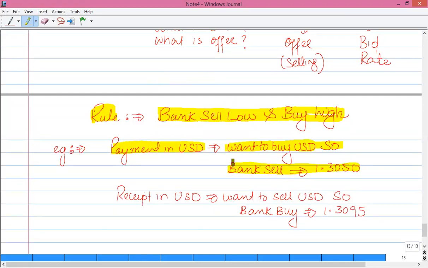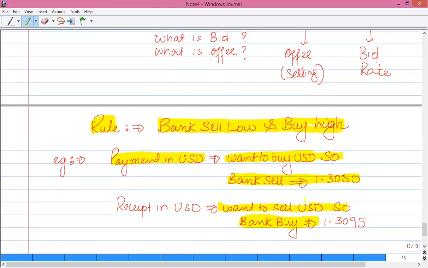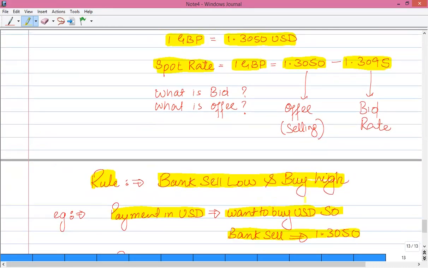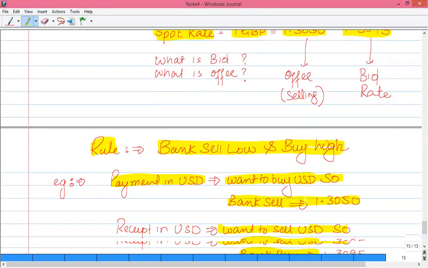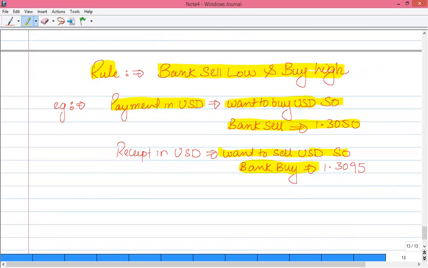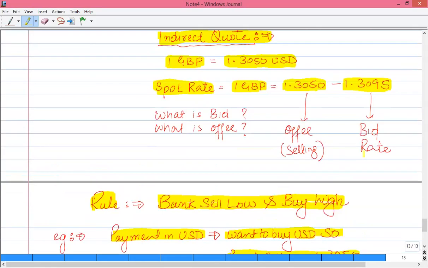Similarly, if a company is expecting a receipt in USD, or has dollars or foreign currency, the company wants to sell USD, so the bank would be buying that foreign currency, and the rate as per the rule is that the bank buys high. So the higher rate is 1.3095.